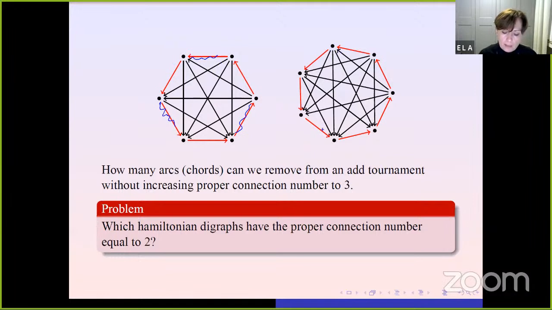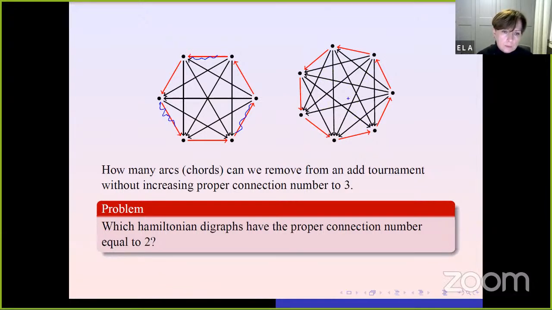However, if a tournament has an odd number of vertices, then to find a properly colored path we must also use the arcs which are inside the cycle.